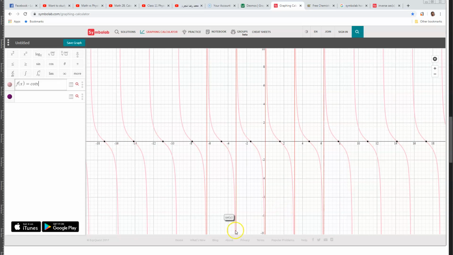As you can see, the function goes from negative infinity all the way up to positive infinity.